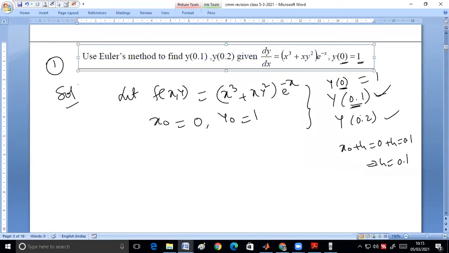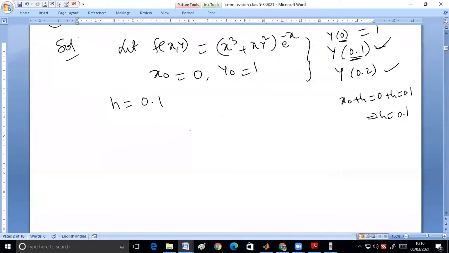In a similar way, the increment is also 0.1. x1 plus h is nothing but x2. So in this problem, h equals 0.1. You may give h equals 0.1 directly, or you can find the value, no problem.